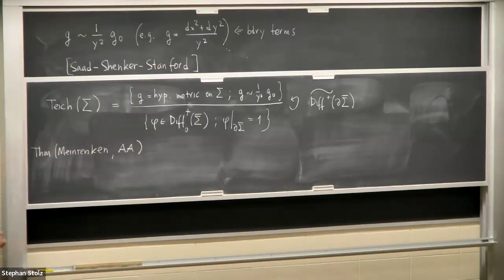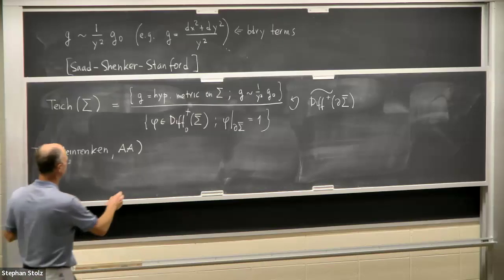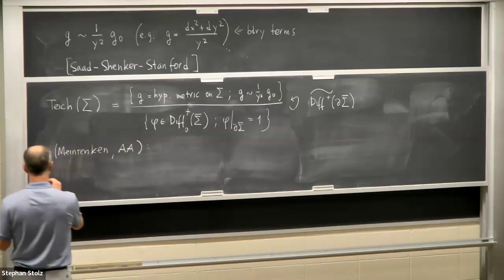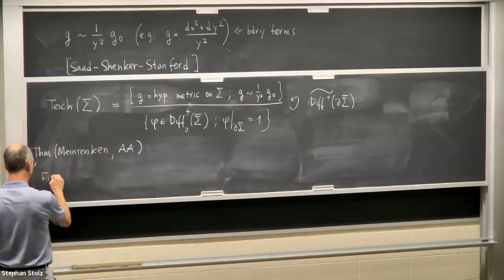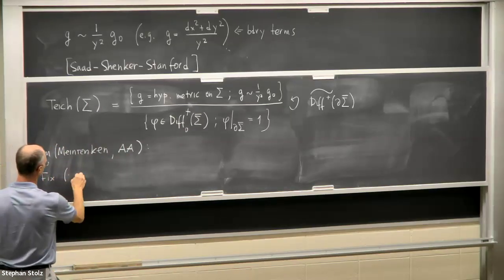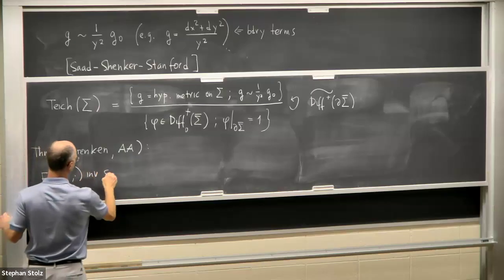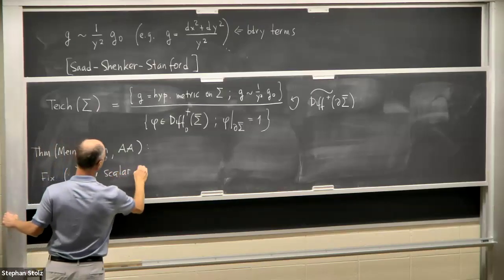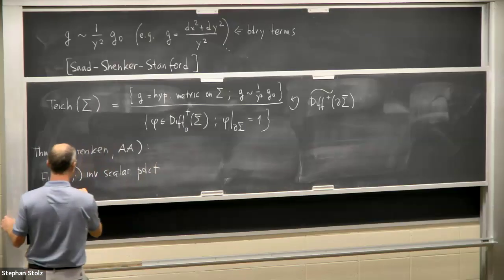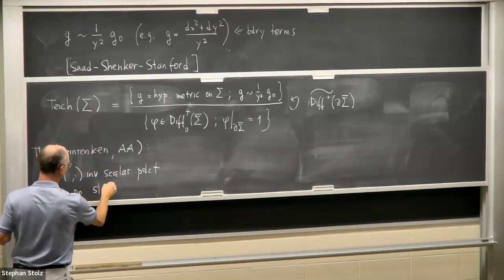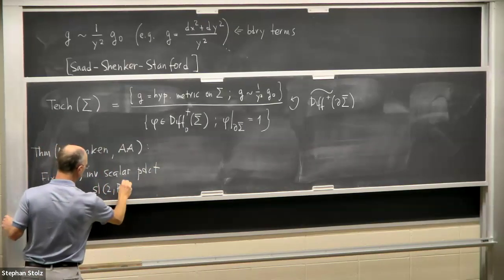And here is a theorem, which I say again, this is sort of our interpretation of the physics story. I don't have a way to say whether it exactly confirms what they're saying, or maybe not quite. So we say the following. Let's fix an invariant scalar product on the Lie algebra sl2(R).